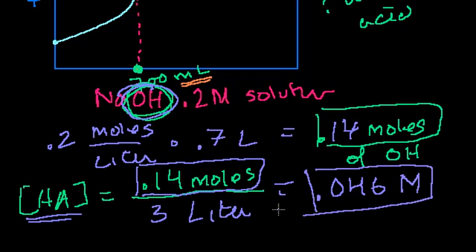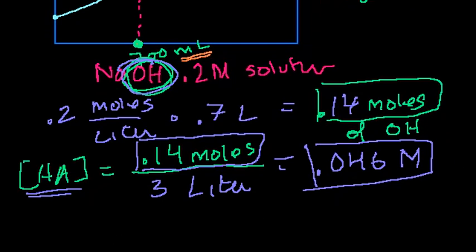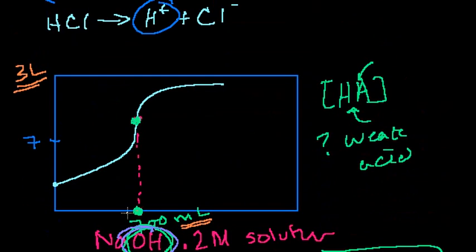Fair enough. Now, the other question is what is the Ka or the pKa of our mystery acid? Well, we just go to the half equivalence point. So we ask, what was the pH of our solution when we're at the half equivalence point, when we had only added 350 milliliters of our strong base to the solution?